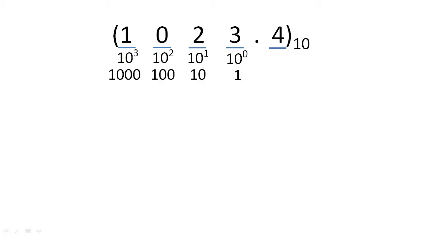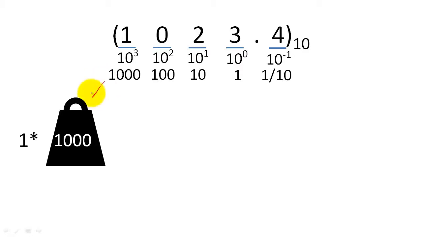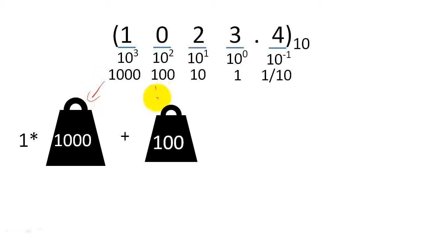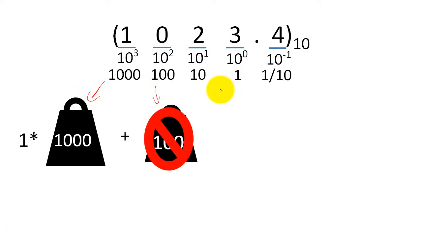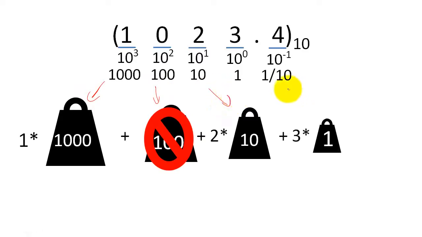All positions to the left of this position are given increasingly greater weights. All positions to the right of the radix point are given decreasingly smaller weights. We find the value of the number by multiplying the symbol by the weight of its position. So here we have 1 1000s, 0 100s, 2 10s, 3 ones, and 4 tenths.